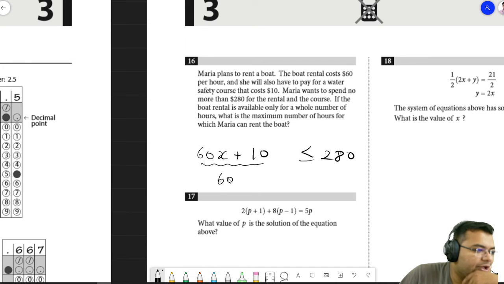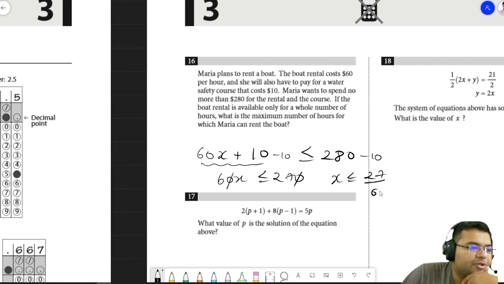So 60X will be less than or equal to, subtracting 10 on both sides, 270. Now I can cancel the 0 and 0 on both sides. X will be less than or equal to 27 by 6. What is 27 by 6? So I can simplify this. 3 times 2 is 6, 3 times 9 is 27.